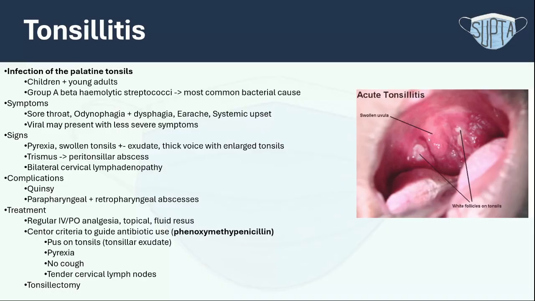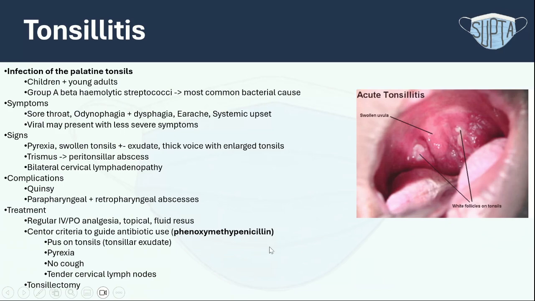And the main signs to be aware of are pyrexia, swollen tonsils, and trismus, which is lockjaw, which can be a sign of a peritonsillar abscess or quinsy, bilateral cervical lymphadenopathy, and then, as mentioned, the complications are mostly just abscess formation.